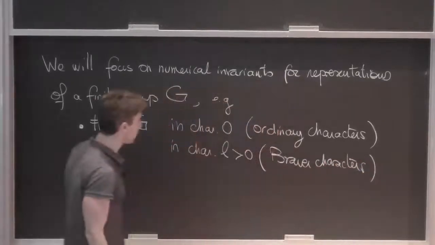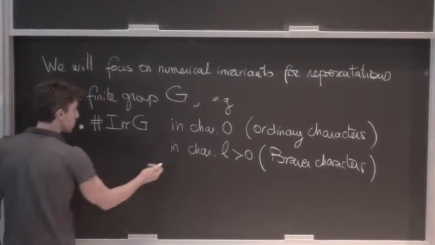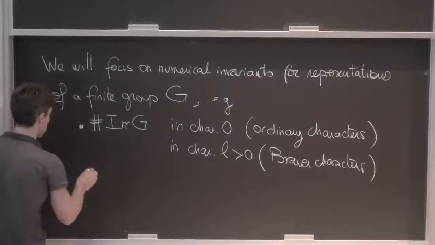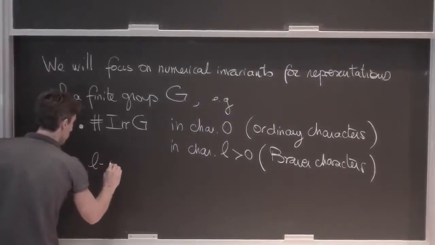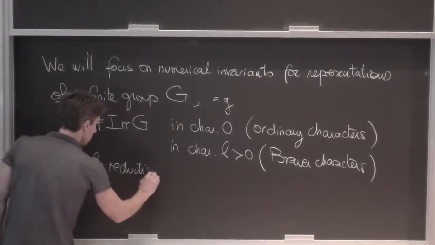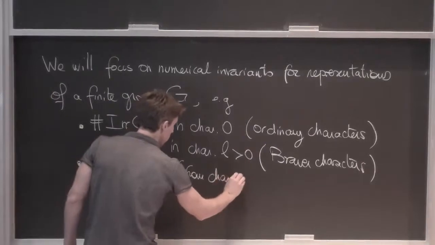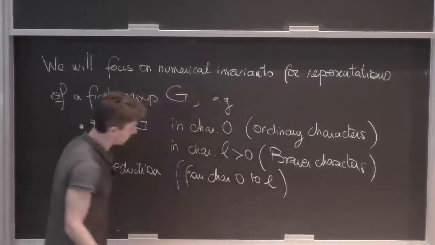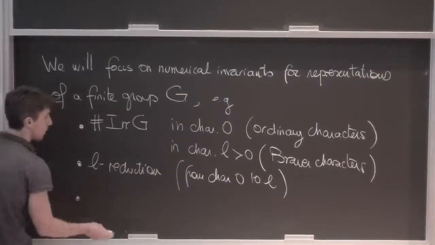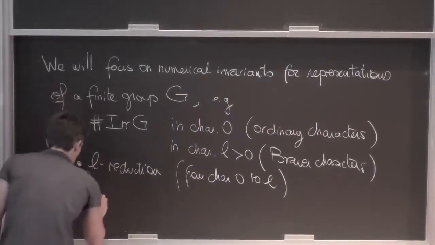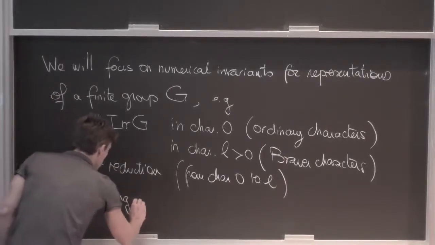Okay. What I want to understand and to explain as well is the relation between the two, so how you pass from characteristic 0 to characteristic L, which I would refer to as the L reduction, from characteristic 0 to characteristic L. And there is a somehow dual process, which is going from characteristic L to characteristic 0, which I will call lifting representations.